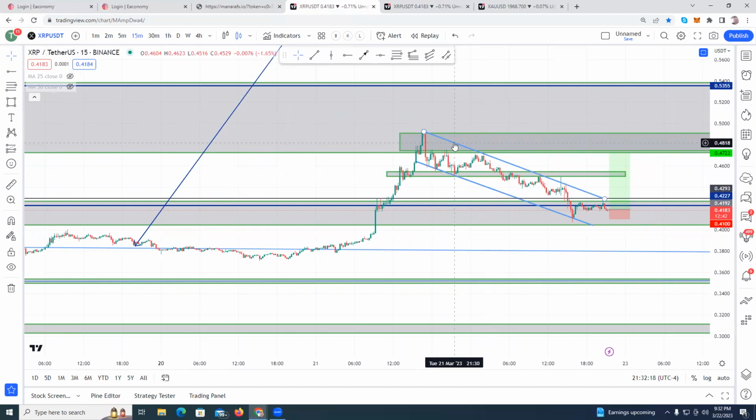So this is just a little more drawn out when we look at it on the 15-minute time frame. But what I do see is a significant pattern where price is creating lower highs and lower lows, and it's staying within this pennant or flag formation.